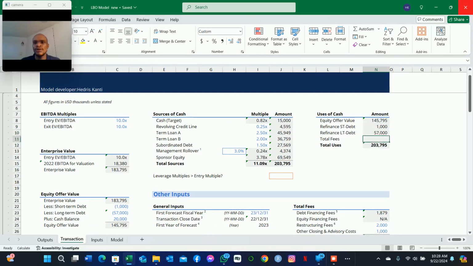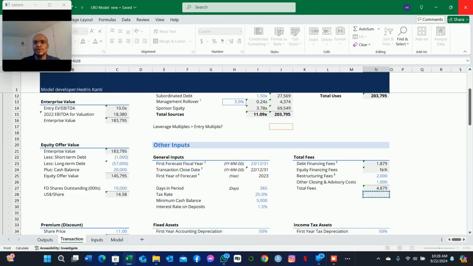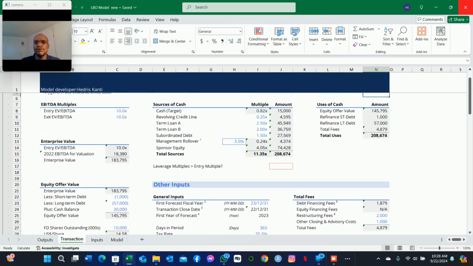So now the total fees is going to be equal to whatever we calculated here. So that is the use of cash.